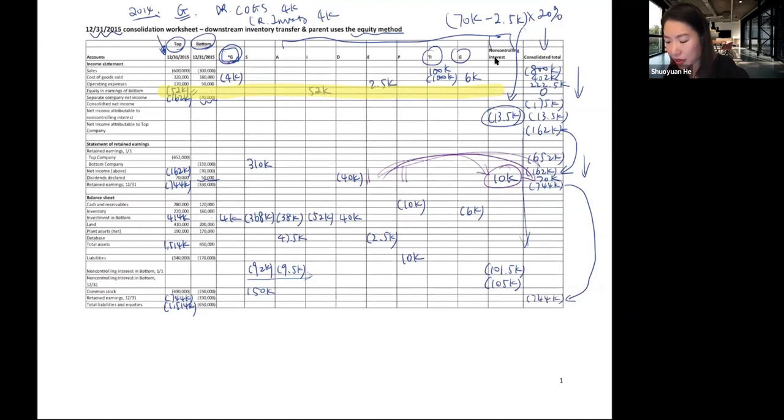On your balance sheet, the cash and receivables adds up to 390,000. Your inventory adds up to 374,000. And the investment account, if you add up all of this, that will give you 0.